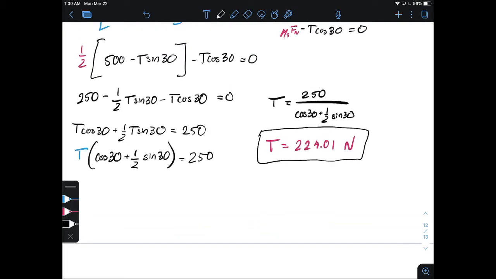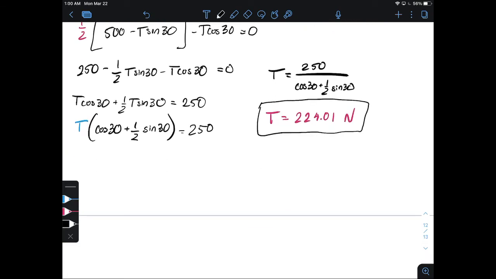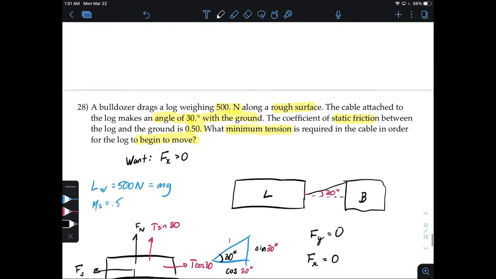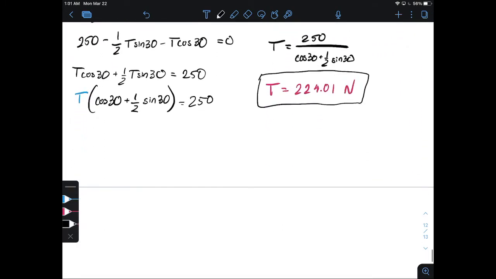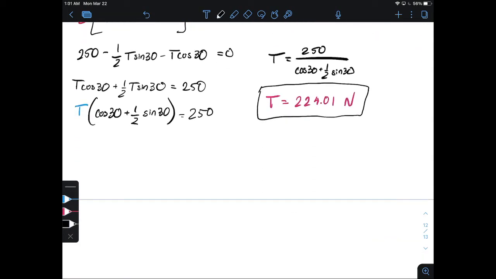I don't see any faults in my logic. Trust me, I am the master at finding my own mistakes. So that's essentially our answer. We could write it nicely like last time and say that, if we wanted the log to move, I'm just going to speak this one out loud and maybe do a little scribble.